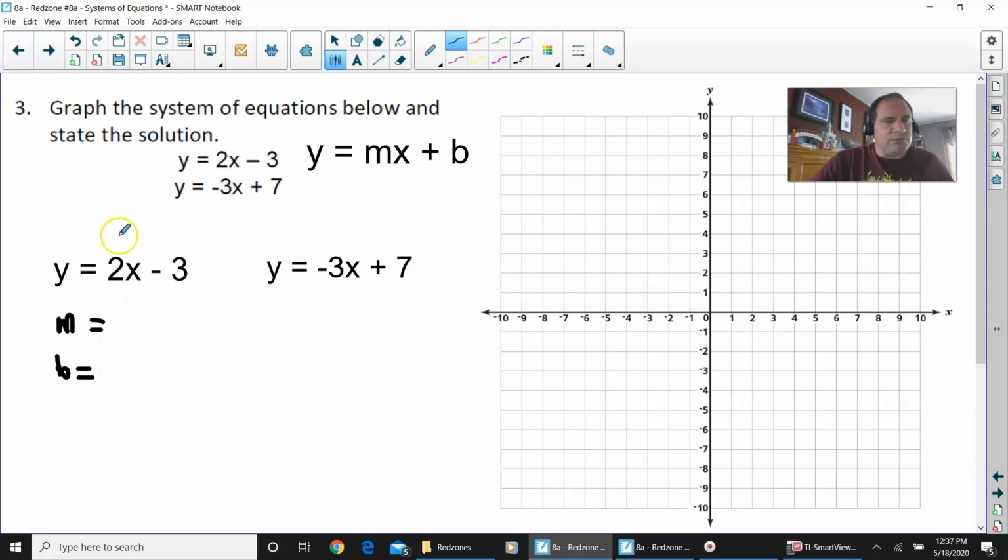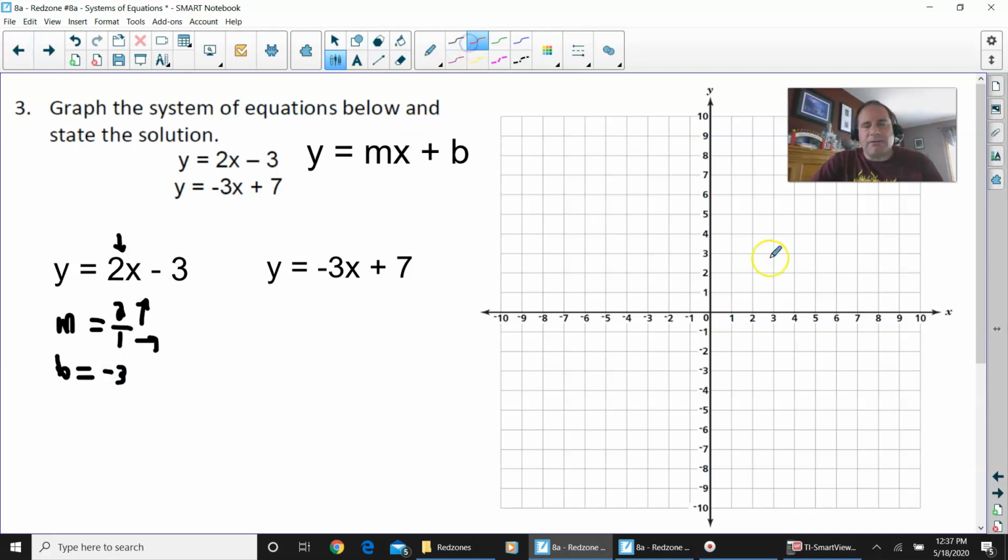The 2 right now is the slope. So I'm going to put that in rise over run, always rise over run format. The numerator is the rise, the 2. It's positive, so it goes up. And the 1 is the denominator, and that is positive, so you go right. The y-intercept is the other number, so it is a -3.